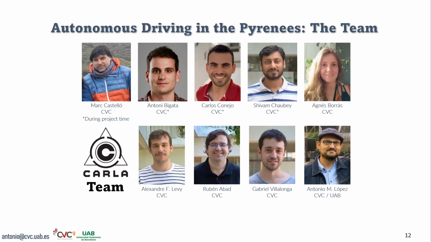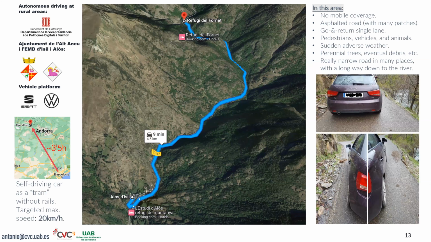In the last 2 years, we were focusing quite a lot on a project about autonomous driving in the Pyrenees, so in the mountains. And we have a big team, a team of CVC people. The point of this project is that it's a very tricky area.